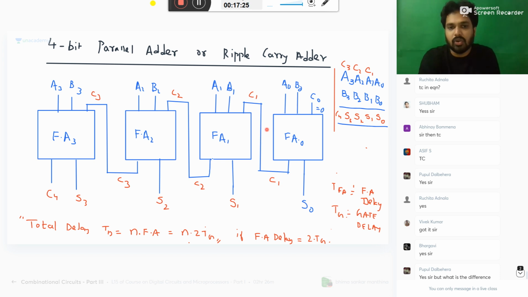Carry comes. This process will proceed. This carry comes now, it will not wait for this sum. This process will give you the right answer once this carry is valid because already A2, B2 are waiting. So you need not take whole full adder delay into consideration for these 3. What you need to consider is only carry. Is it clear, people? Only carry you should consider, that is sufficient.